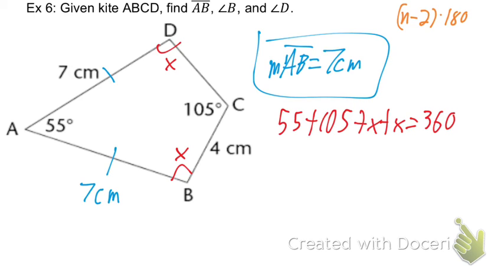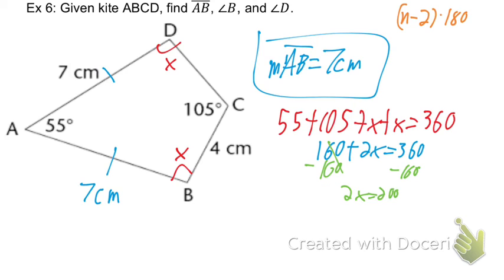So we solve this equation. 55 plus 105 is 160, plus 2x is equal to 360. Subtract the 160. 2x is 200. That's a big angle. Divided by 2, x is 100. So what's the measure of angle B and angle D? 100 degrees each.